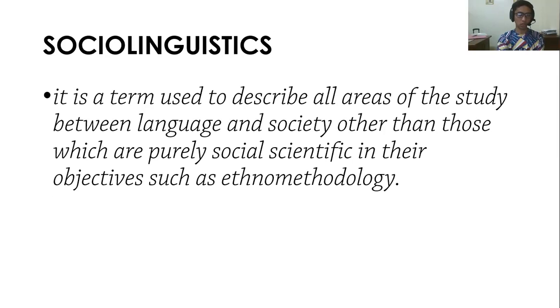In other words, sociolinguistics is the study of the relationship between language and society. It focuses on how language is used by the individual speaker and groups of speakers in its social context.